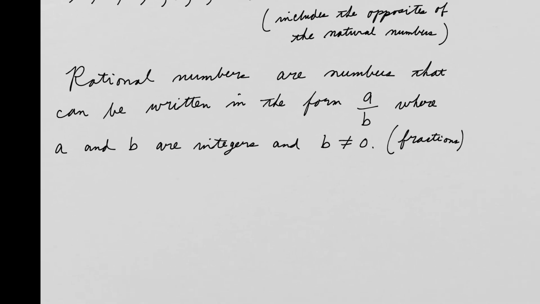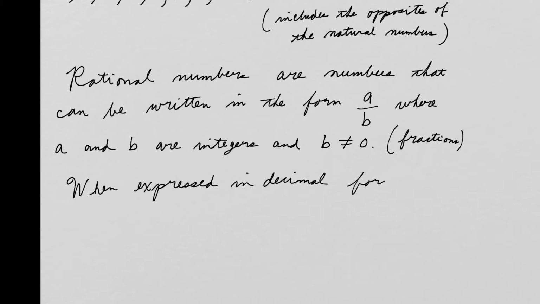Okay, here's an interesting thing about rational numbers. When expressed in decimal form, so if I convert them to a decimal, rational numbers either terminate or repeat.